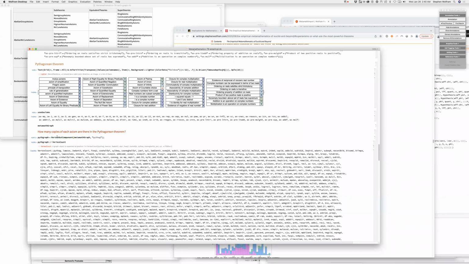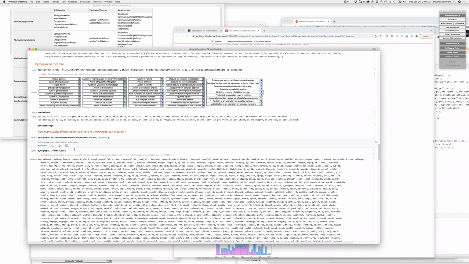What is that? Oh, vertex out component. Yeah. Okay, so now the nodes at the end, we want to count. So for example, counting the number of paths.